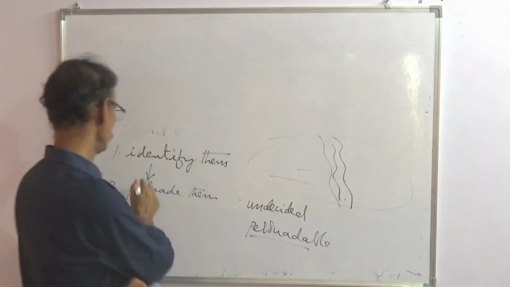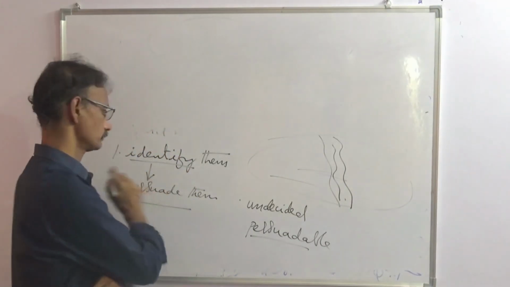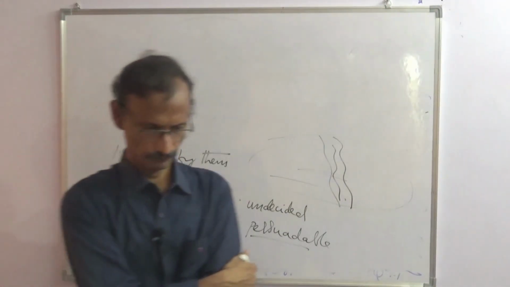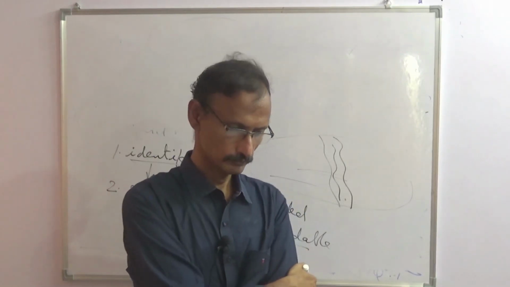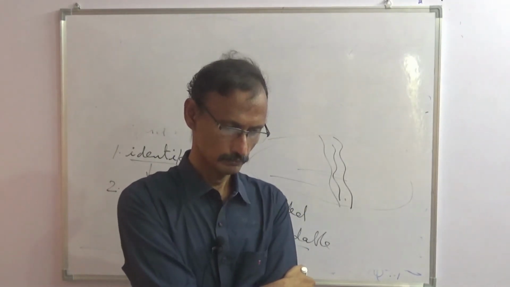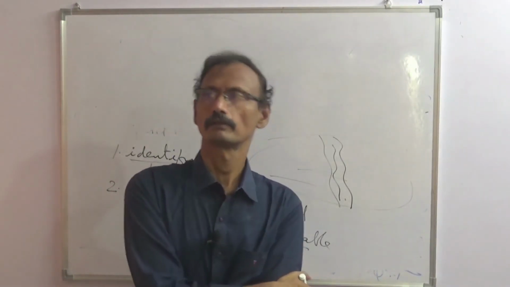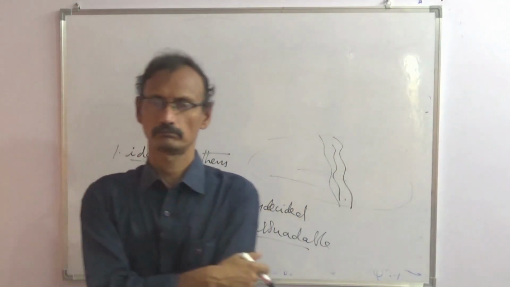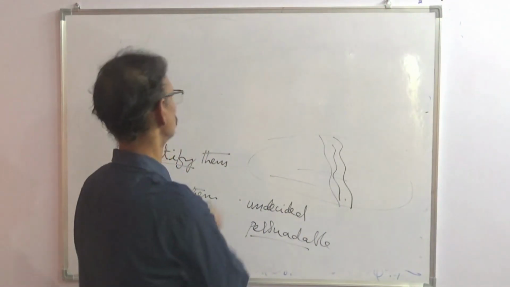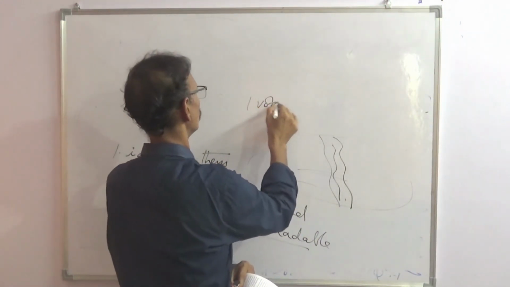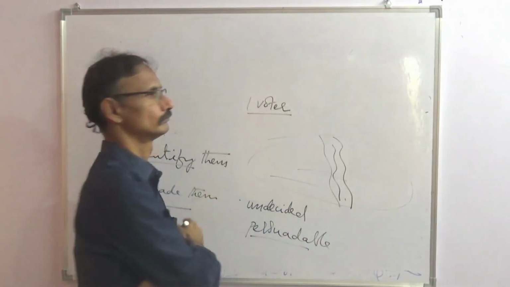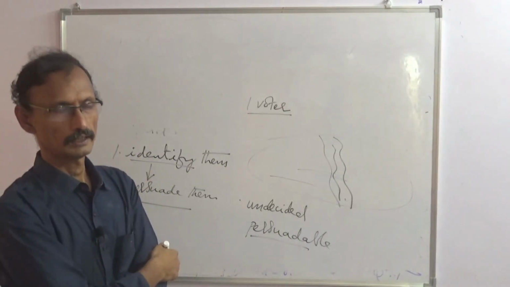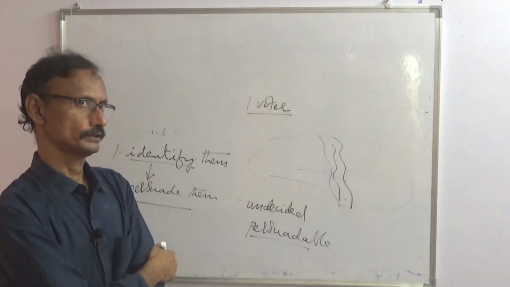First, how do you identify, and next, how do you persuade is an issue. Imagine you have only one voter. How will you persuade one voter? Undecided. How will you persuade?